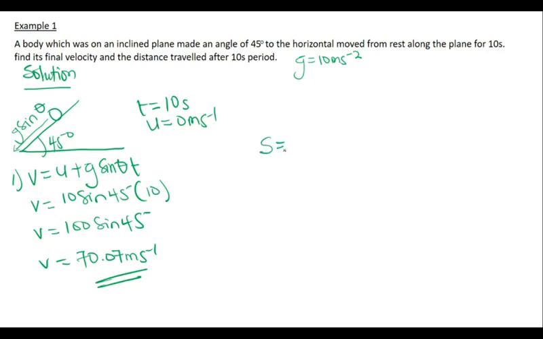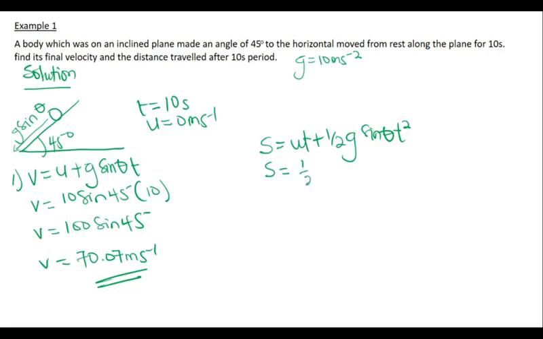S is equal to ut plus half g sine theta t squared. Our initial velocity we already know is 0, so it will nullify those terms.